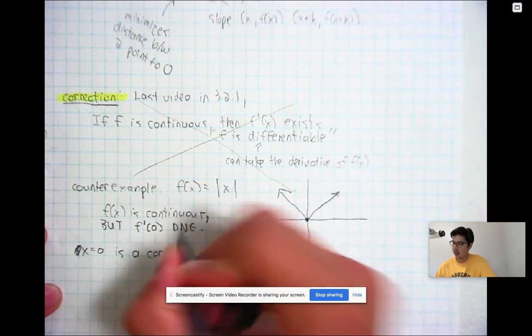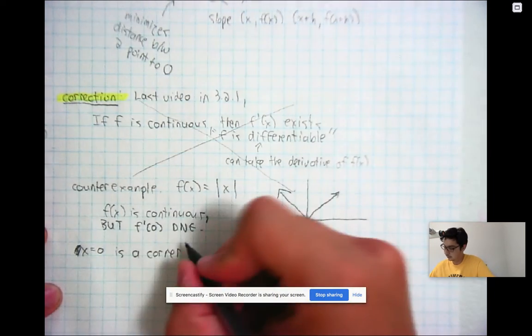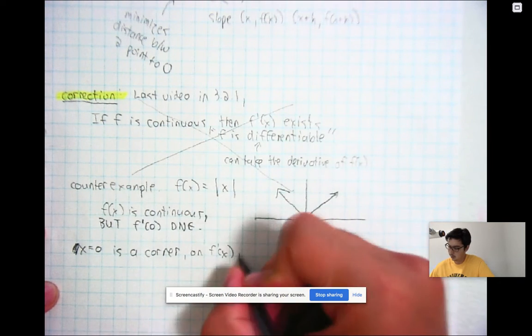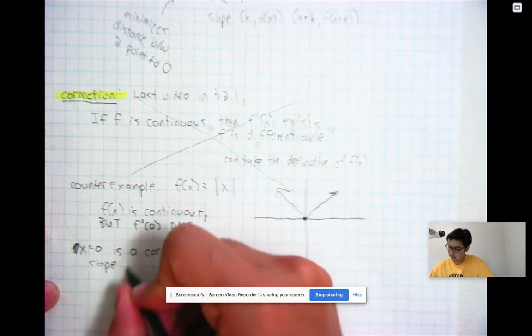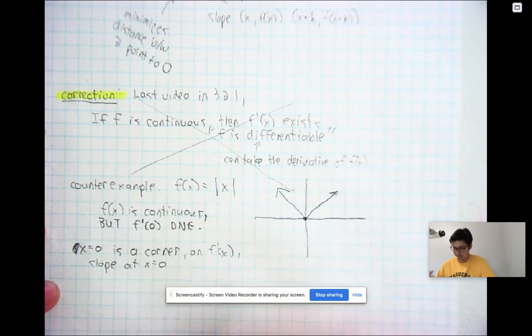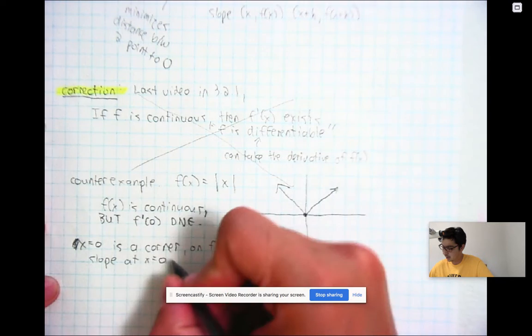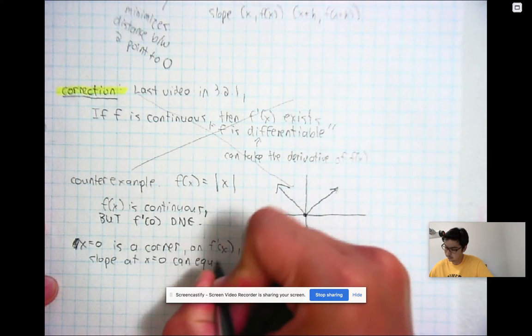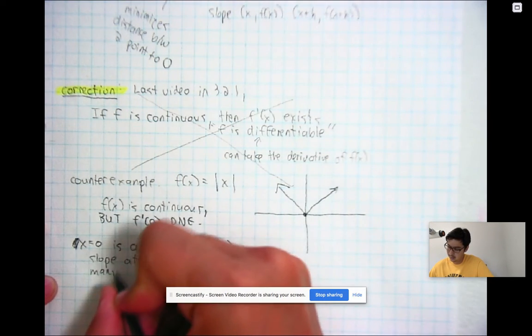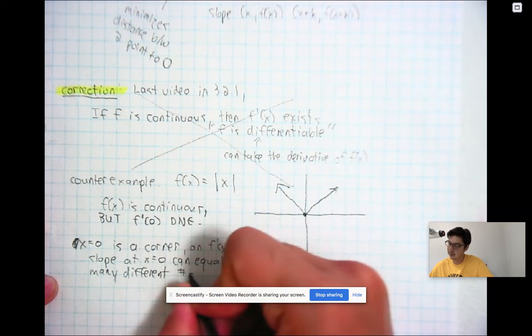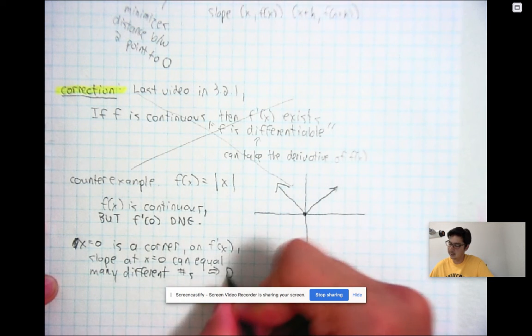In which case, at a corner, f prime of x, the slope at x equals 0, can equal many different numbers, which implies that it does not exist.